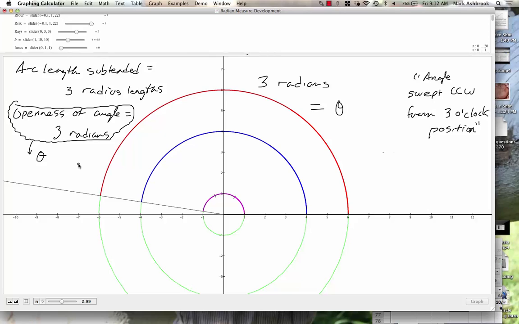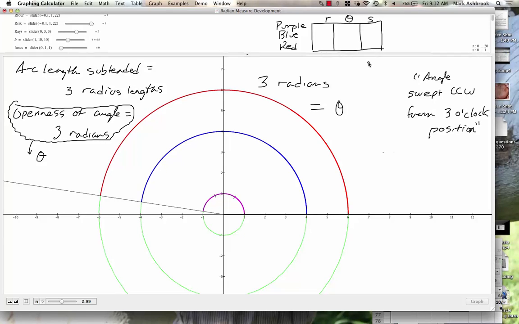Okay, so I want you to make a table. We've got purple, blue, red. R stands for the radius, the length of the radius in axis units.